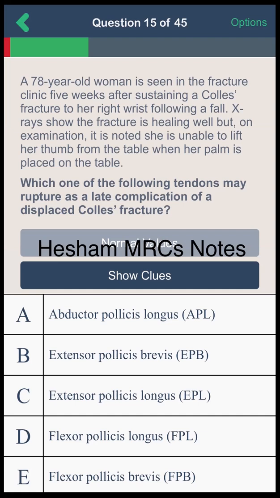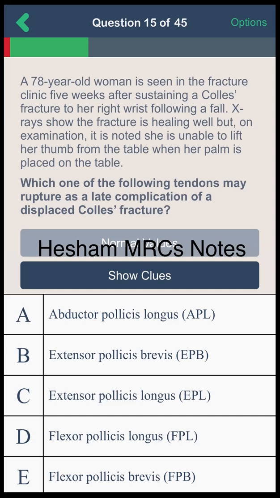Extensor pollicis longus is one of the boundaries of the anatomical snuff box. Can you tell me the anatomical snuff box boundaries and contents? Extensor pollicis longus lies posteriorly, and anteriorly lie the extensor pollicis brevis and abductor pollicis longus.